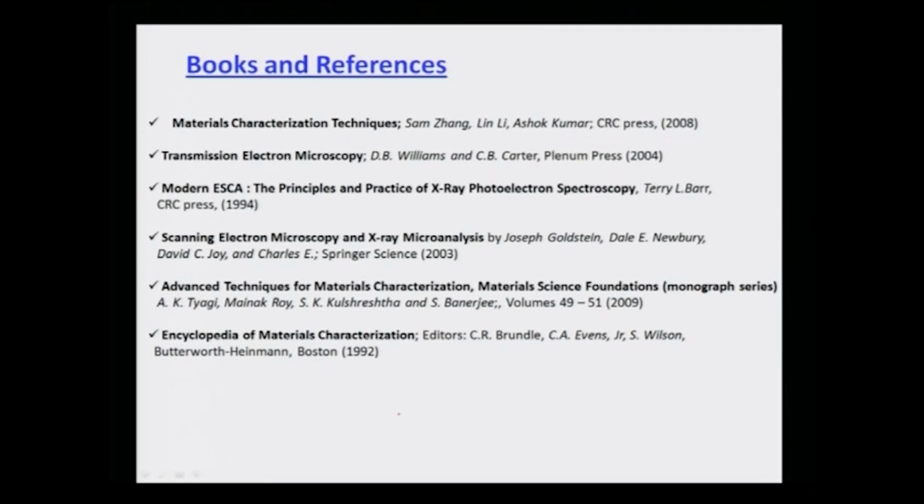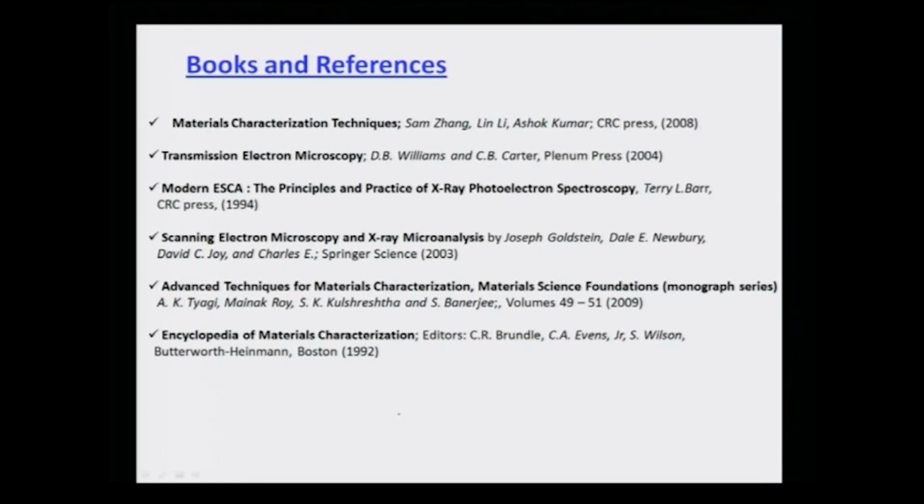Fourth one is on scanning electron microscopy and X-ray microanalysis by Goldstein and others. Fifth one is Advanced Techniques for Material Characterization, basically a monograph by the Materials Science Foundation, edited by Tyagi, Roy, Tulsestra and Banerjee.